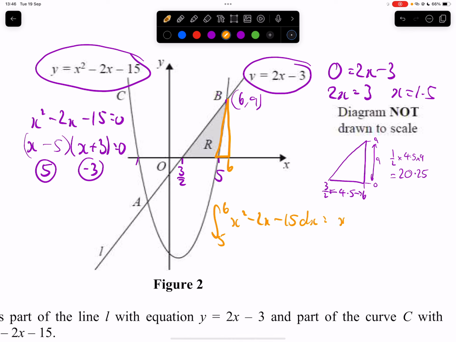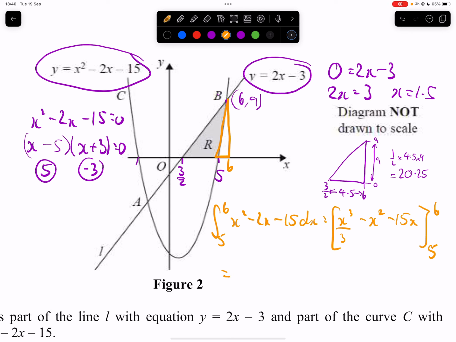So raise the power by 1 and divide by the new power for all of these. And when you're doing a definite integral, that's one where it's between two numbers, that's the one time you don't actually have to put a plus c in. If you do put a plus c in, it won't stop anything, but there's no need to.